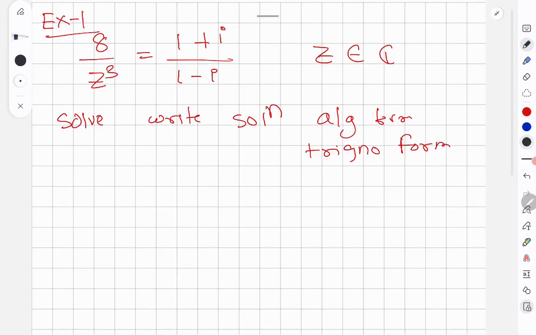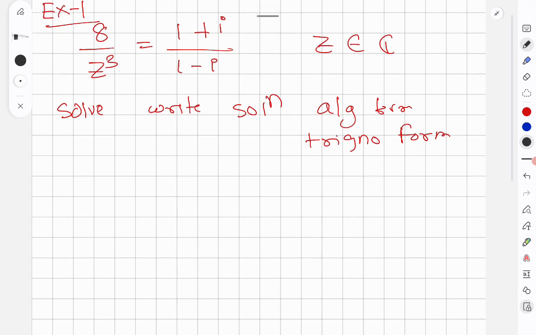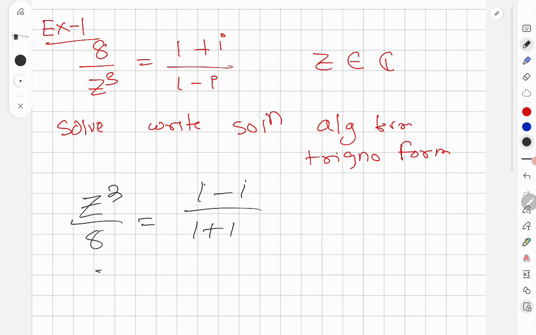Let's first bring it to a form. I can write it as z^3 upon 8 equals (1 minus i) upon (1 plus i), just the reciprocal. Then I can write z^3 equals 8 times (1 minus i) over (1 plus i).